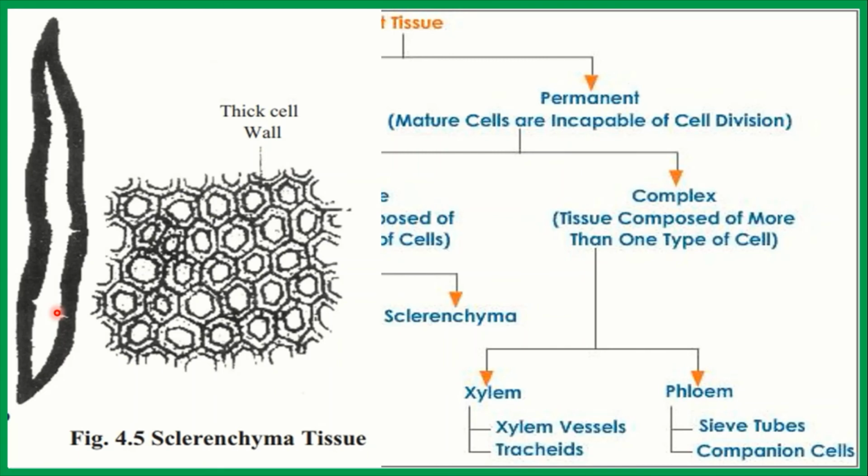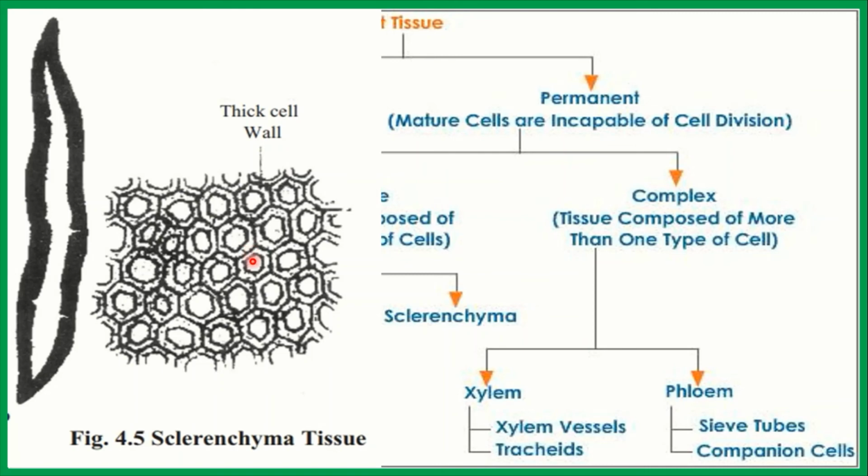Based on their origin and structure, they are called by different names such as bast fiber, surface fiber, xylem fiber, or wood fiber. Now this one is a sclerite. Due to hardness, these are called stone cells.